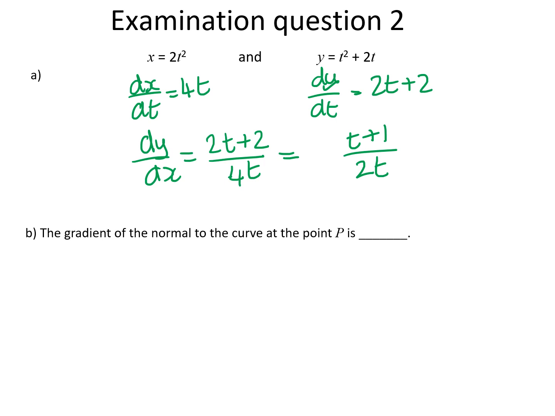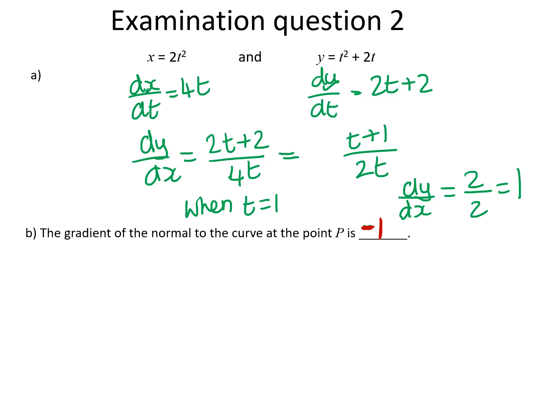So when t is 1, dy/dx will be 2 over 2, which is 1. That means that the gradient of the normal must be minus 1, since the gradient of the curve at the point is 1.